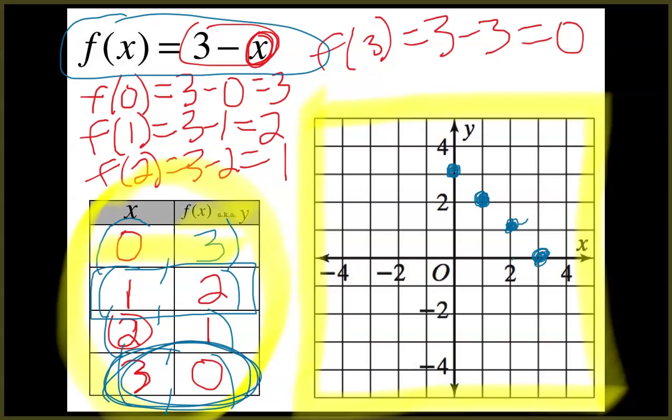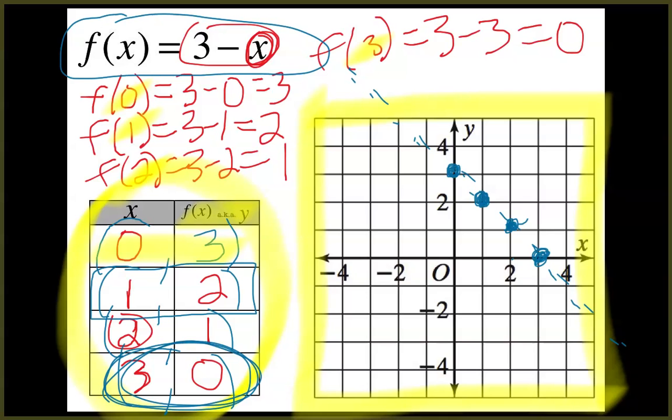Now, are there other points on this function that I could have graphed? Yeah, because did I have to plug in 0 and 1 and 2 and 3? No, I could have plugged in 17 and negative 99 and 34.8, and I would have gotten a whole bunch of different points somewhere on this function as well. But I think what you can see is this function is going to turn out to be a straight line that goes through those points.